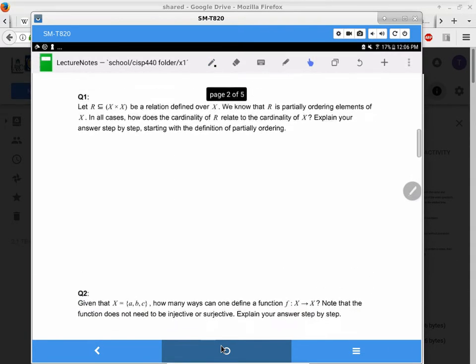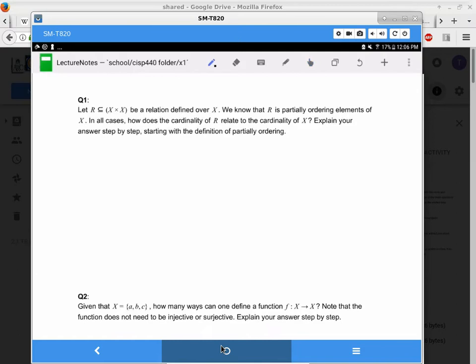Alright, question number 1. Before I talk about the solution, are there any questions about number 1? Does everybody understand what it's asking? So let R be a relation, and a relation is always a subset of the Cartesian product of whatever set the relation is defined over, Cartesian product with itself.